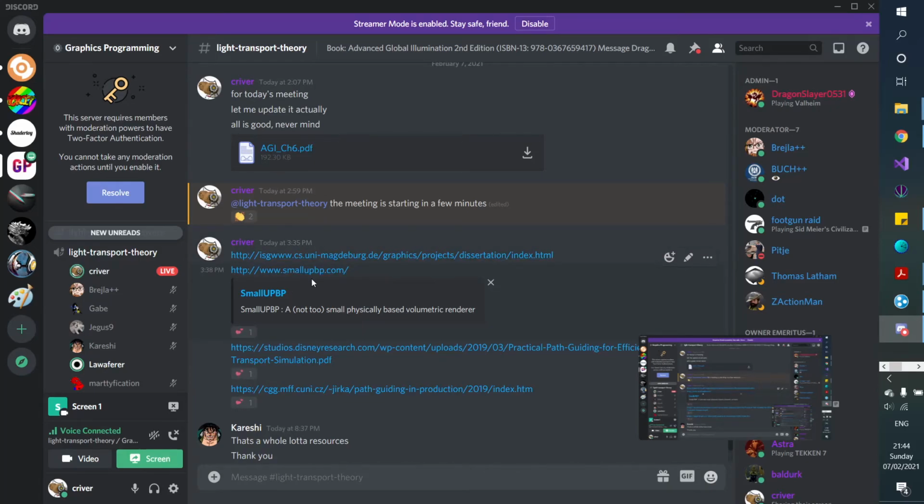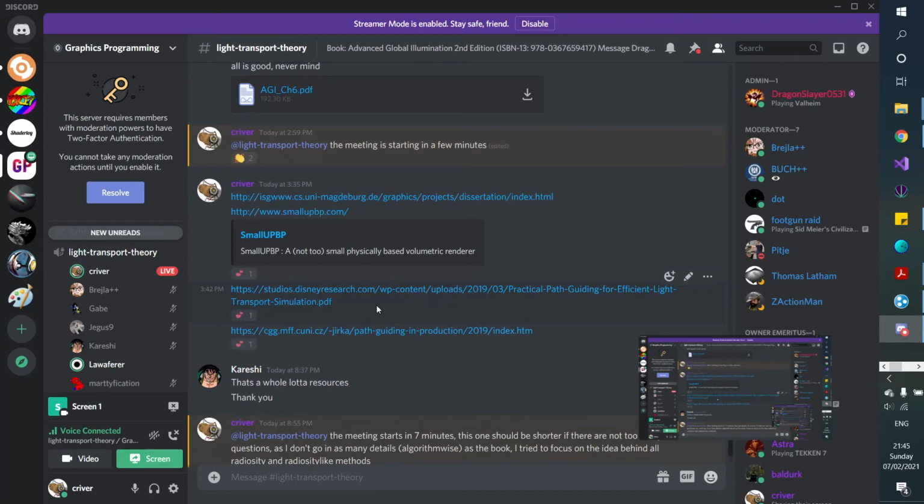Then I added a link to vertex connection and merging, which is an algorithm for mixing photon mapping with bidirectional path tracing, but this thing here is extended to volumes. You can find a similar thing called small VCM, which is not for volumes.